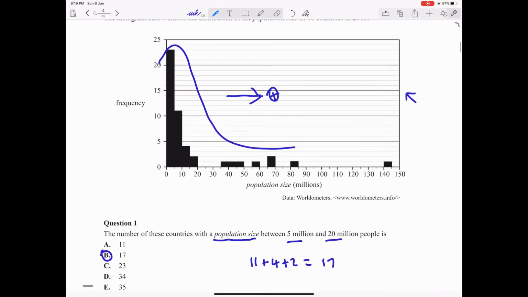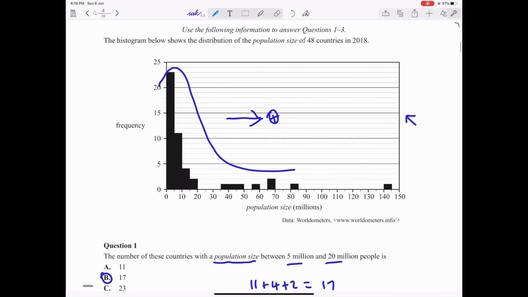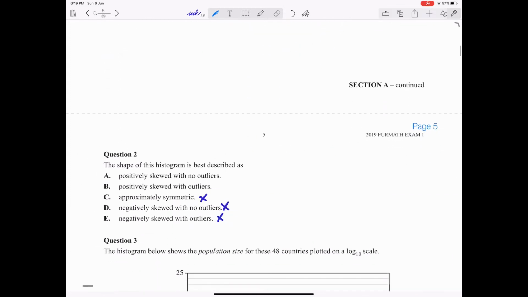Now I have to determine whether there are outliers or not. This value is very highly likely to be an outlier, and these values could also be outliers. So therefore, B is the correct answer, as the shape of the histogram is positively skewed with outliers.